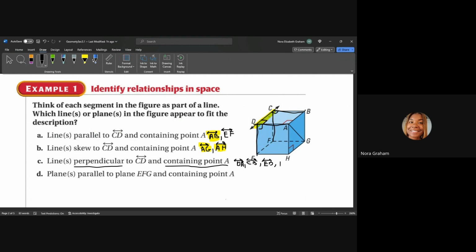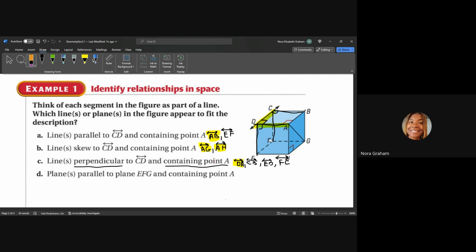So FC. But again, we have to remember our second condition, which was containing point A. So we look at all of our perpendicular lines to CD and which one contains A. Only one I can see that contains A is going to be DA. This one right here, which is perpendicular.